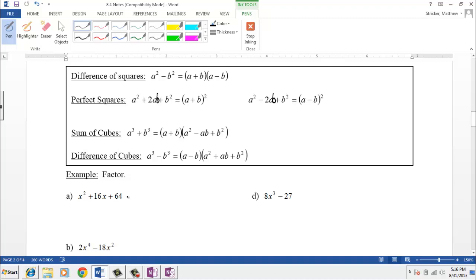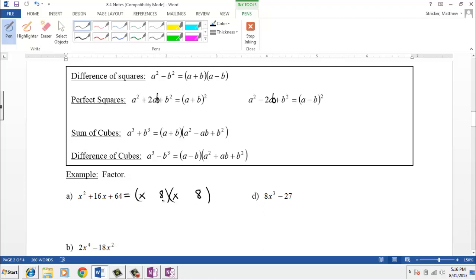This first example, example A, we want to first ask ourselves, can we factor out a GCF? And we cannot. And this is one where we have a perfect square, because the first term, x squared, is a perfect square. X times x gives us x squared. And then the last term is also a perfect square, because 8 times 8 gives us 64.